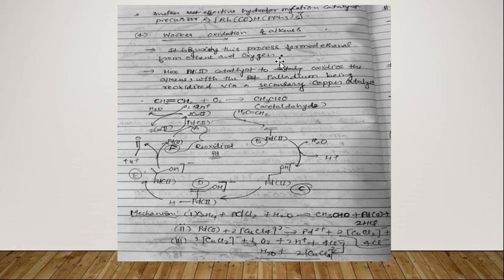Here the product formation is from ethene and oxygen. If ethene and oxygen react, then they form ethanol.